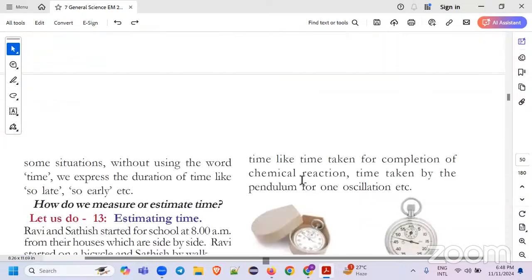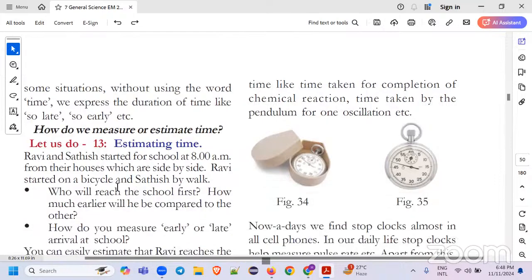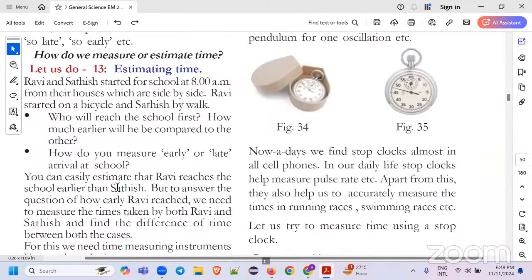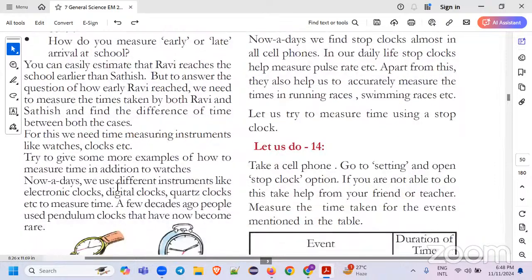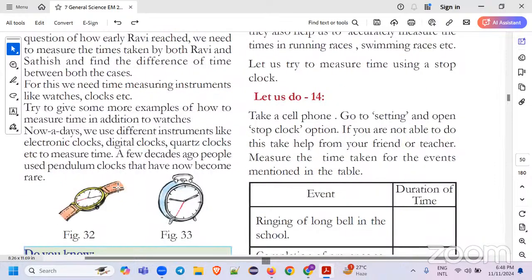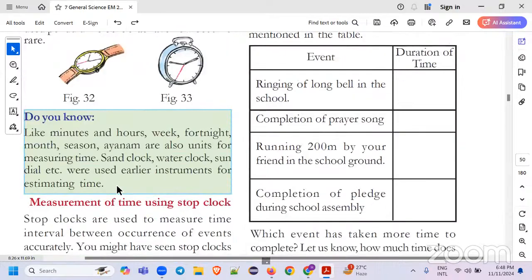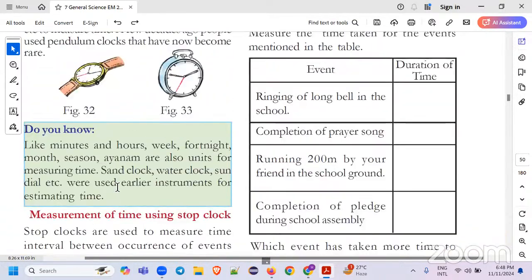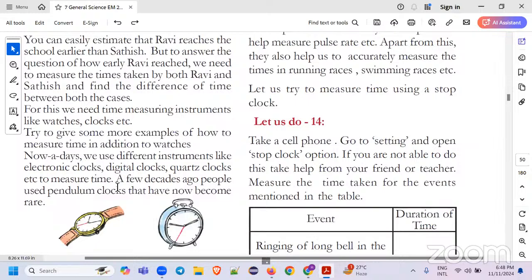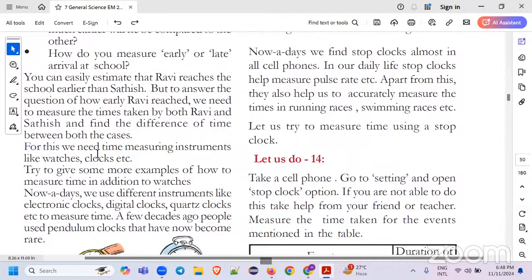How to estimate time? Without using the word time, express the duration of time, like so late, so early. So we are comparing. How can we define time? Measurement. How to understand time? We shall see.